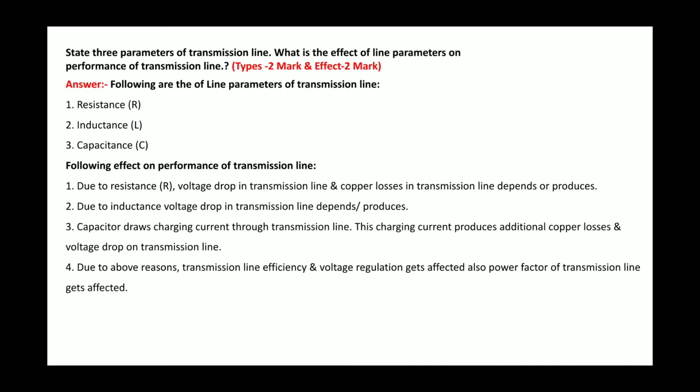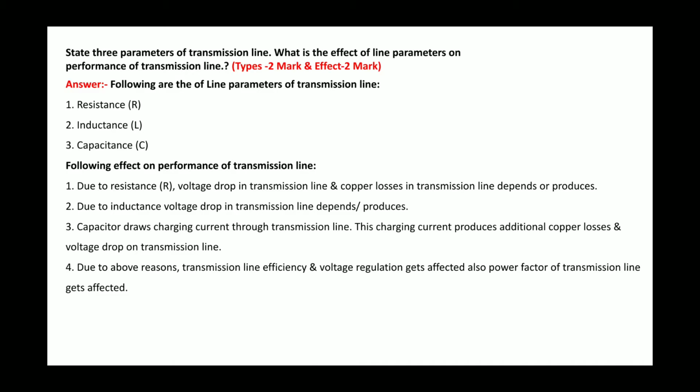Next, the first point of unit number 2 is to state the 3 parameters of a transmission line and the effect of the line parameters on the performance of the transmission line. The 3 parameters of the transmission line are resistance, inductance and capacitance. The effect on performance of the transmission line: due to resistance, the voltage drop and the copper losses in the transmission line are produced. Due to inductance, the voltage drop in the transmission line is produced.